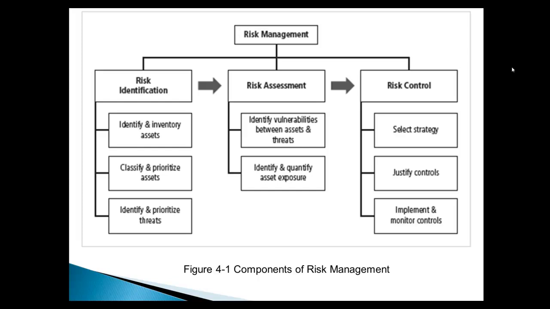We're going to want to classify and prioritize the assets in some order of importance, and how an organization goes about doing this is really unique to that organization. There are a variety of ways of prioritizing it, and it really depends on how you want to do it, and that's unique to that particular organization.